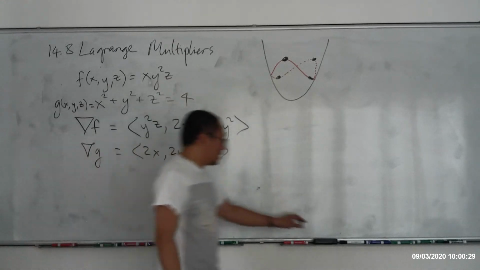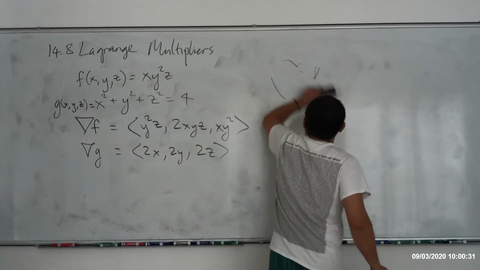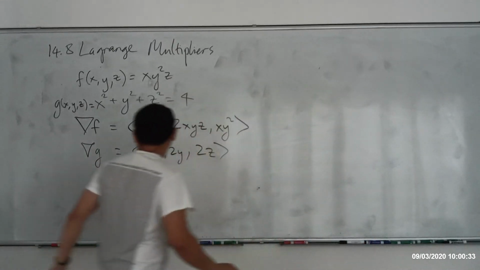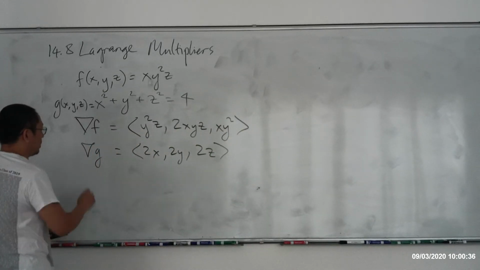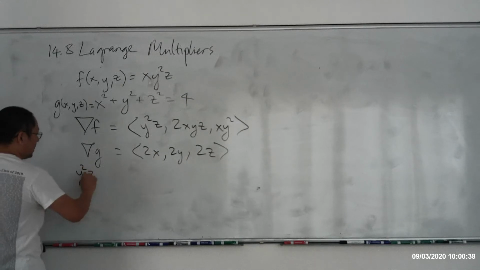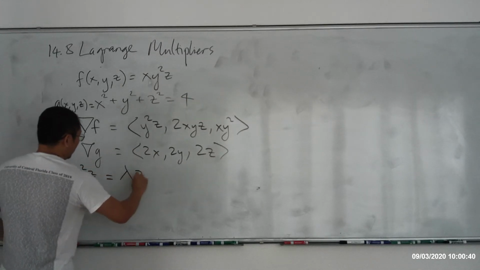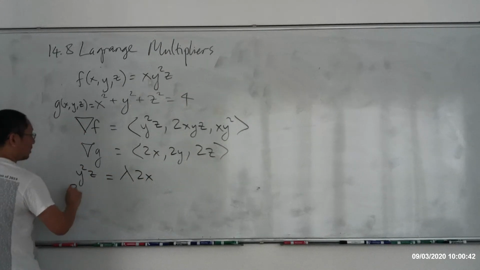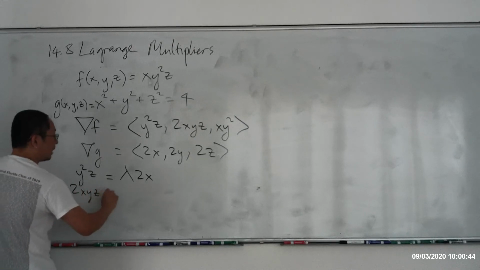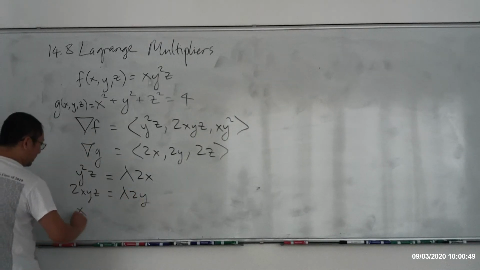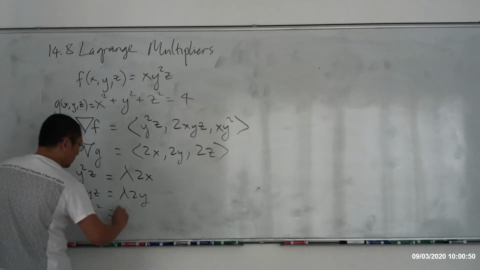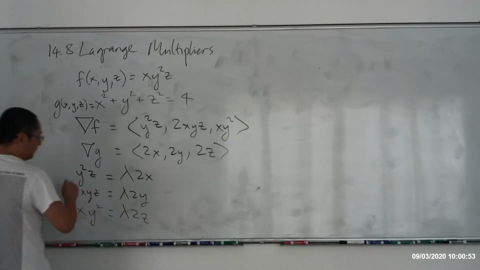So I have a system of equations. I have gradient f equal to lambda gradient g, so y squared z is going to be equal to lambda 2x. 2xyz is going to be equal to lambda 2y, and xy squared is going to be equal to lambda 2z.